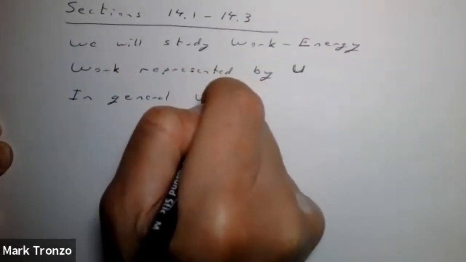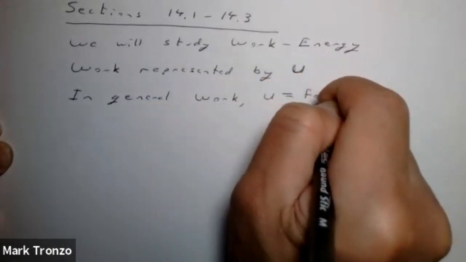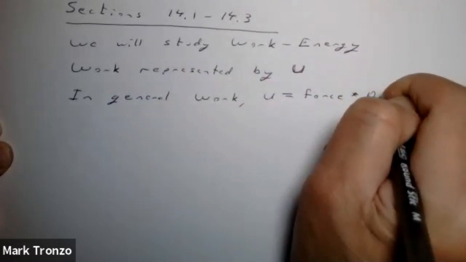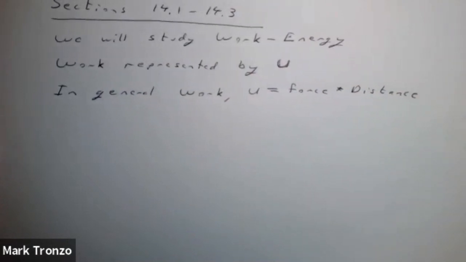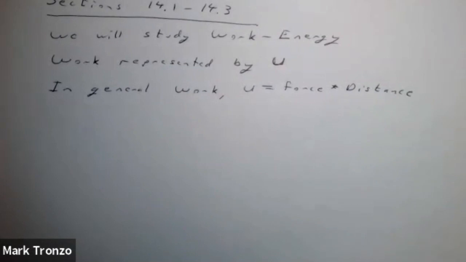So work, which is U, is equal to force times distance. That's the most basic understanding of it. If you apply a force for a certain linear distance, you have that.